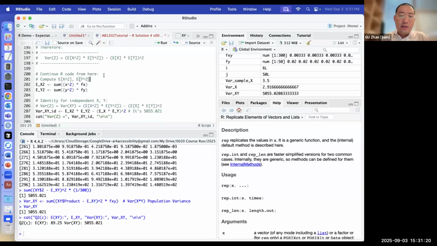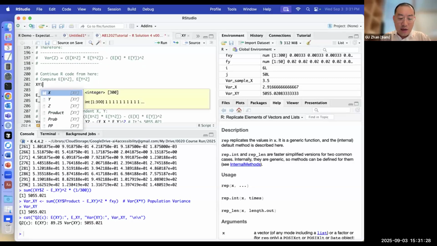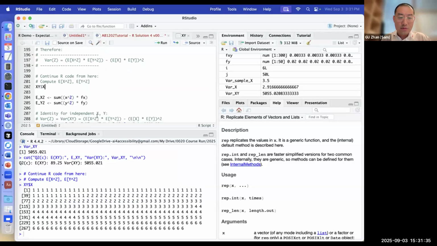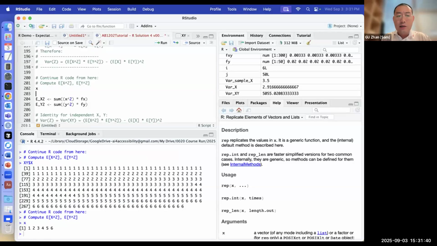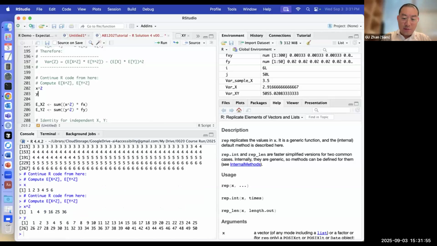So how do we compute this one? First, this is the X variable, which is 1 to 6. You take the power of it, then you have 1, 4, 9, and so on. Then you have your Y variable, and the Y variable to the power of it.